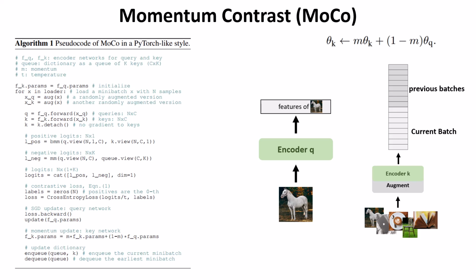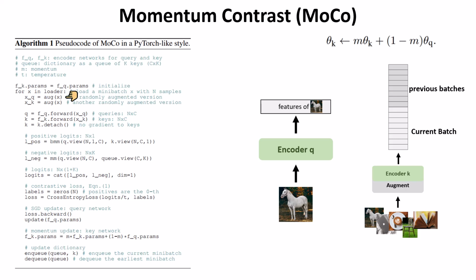Okay, now let's just look at the code. We have a loop statement, for x in loader, and in this loop, we load a mini batch of N samples. So our batch size should be N, and we have N images that we augment two times.